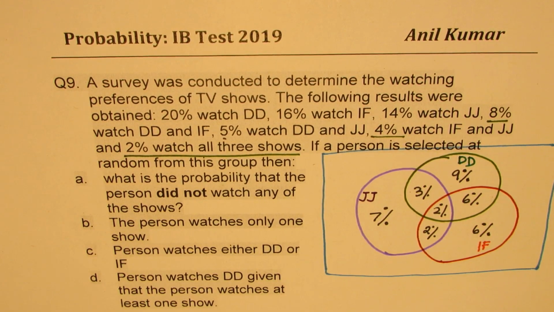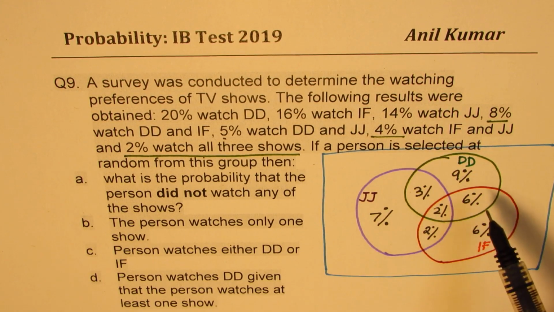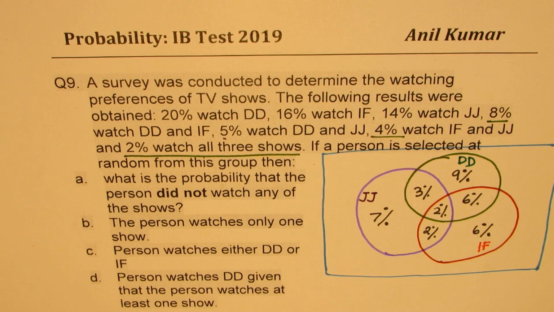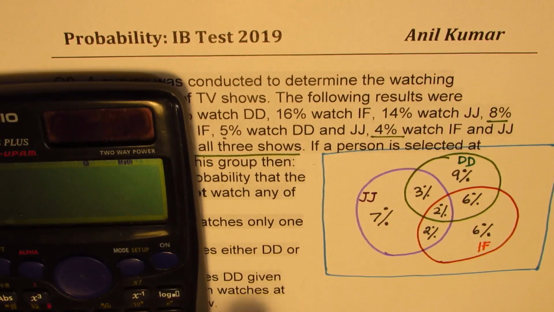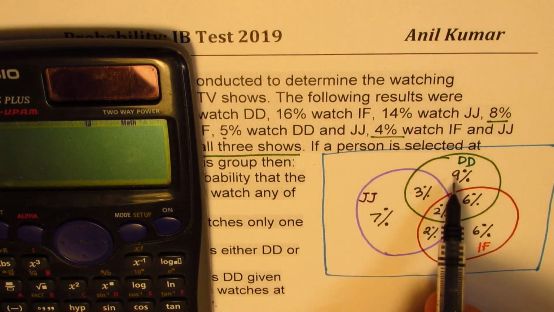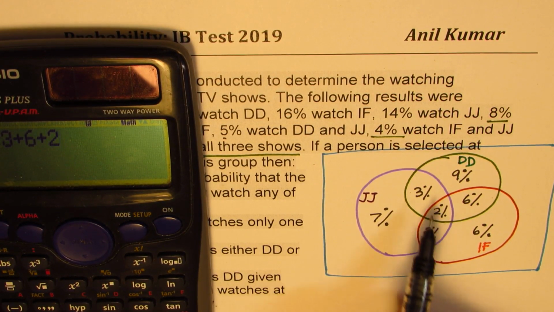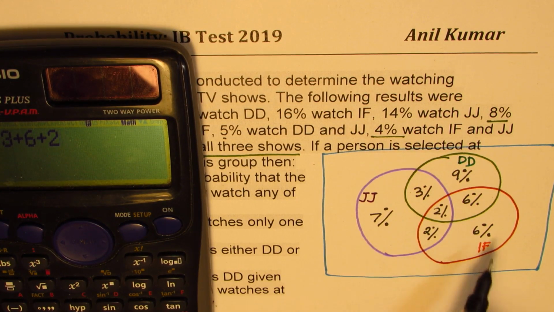So first thing is make correct Venn diagram. Okay, now from here, so out of that, what is not there? So we'll just add all these percentages here and take away from 100, right? So total what we have here is, let's use calculator, 9 plus 3 plus 6 plus 2. So we have done this portion, now 7, 2 and 6.